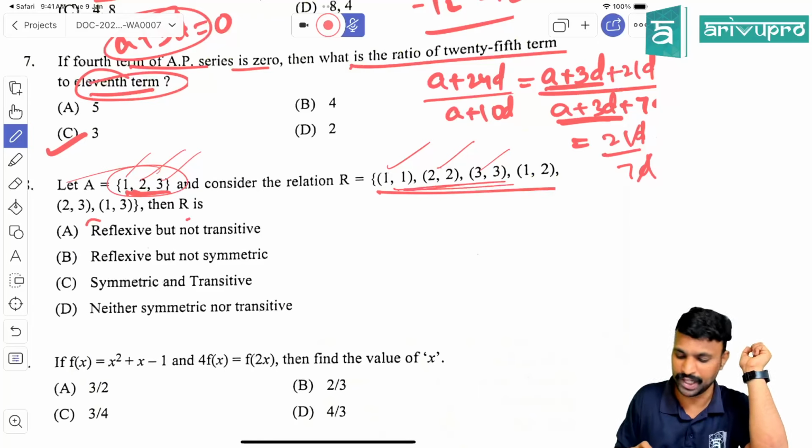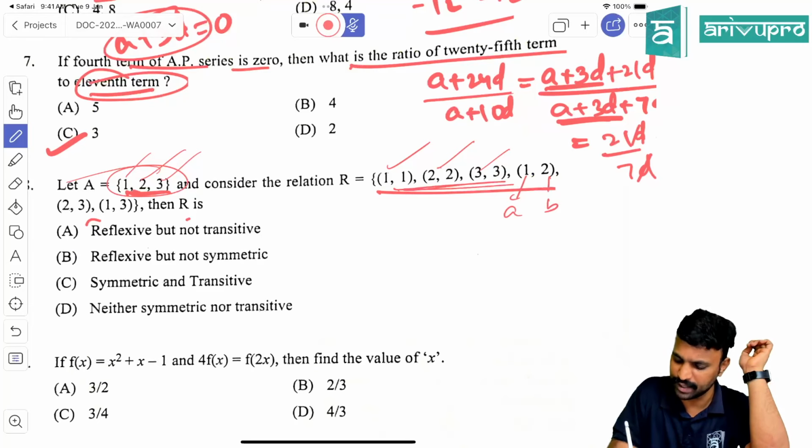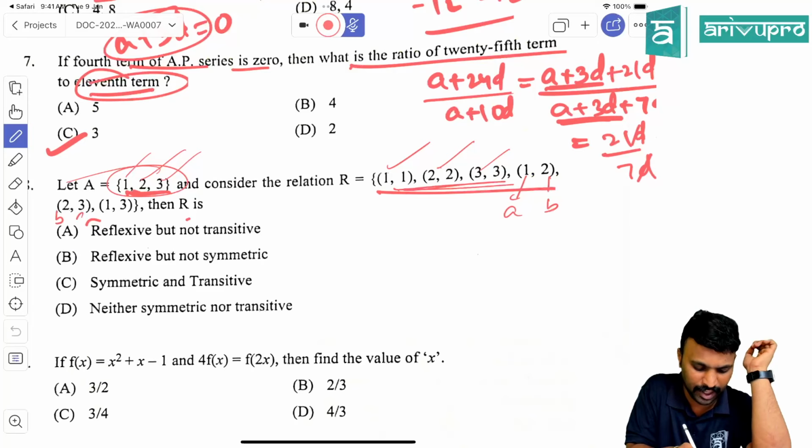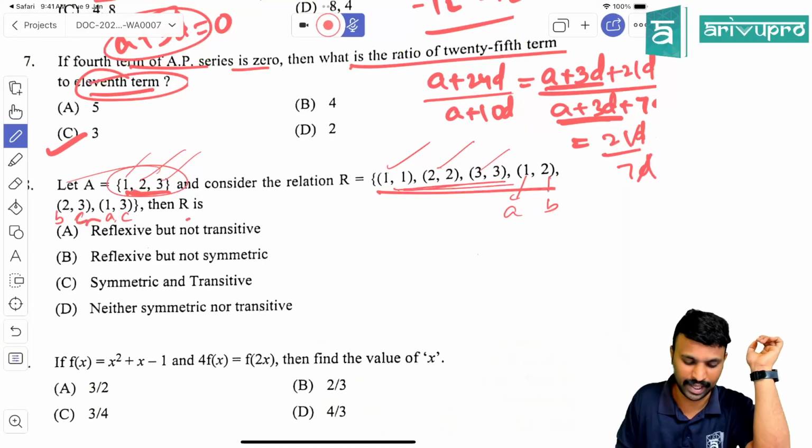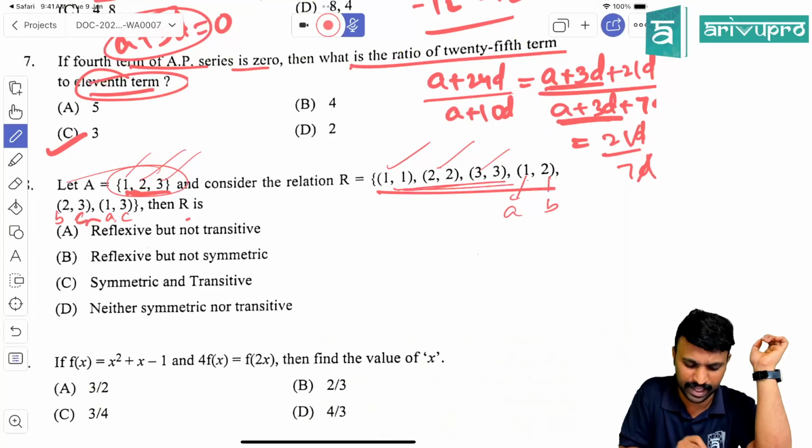And now we have to check whether it is transitive or not. Guys, for transitive, I can take A comma B as 1 comma 2, B comma C as 2 comma 3, then A comma C is 1 comma 3. Yes or no? 1 comma 3, it's possible. A comma B is 1 comma 2, B comma C is 2 comma 3, and A comma C is obviously 1 comma 3, because A is 1 and C is 3.